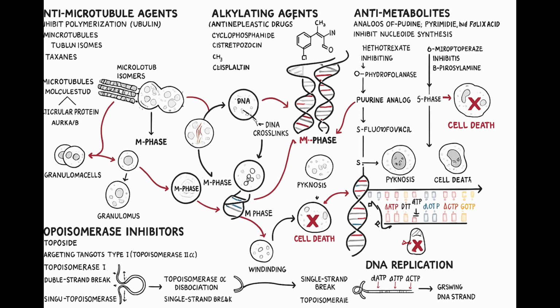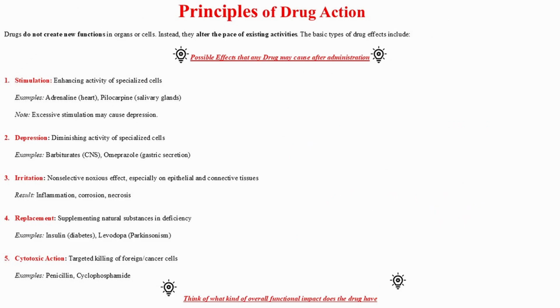These drugs are targeted to destroy bad cells without hurting you too much. So to sum it up, while drugs don't create new functions in the body, they play a powerful role by enhancing, reducing, replacing, irritating or destroying specific cellular activities, forming the foundation for how they produce therapeutic or harmful effects.